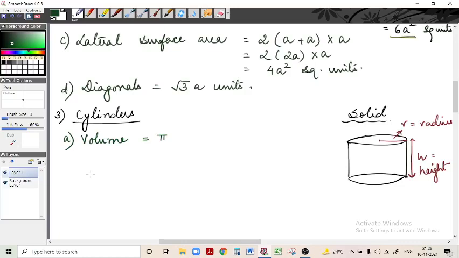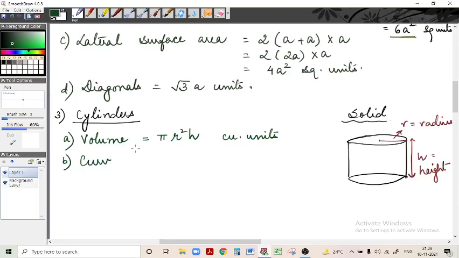Now, pi is a rational number or irrational number? We will discuss it later when we do rational and irrational numbers. Right now, pi value is 22 by 7 or 3.14. Now this is pi r square h, cubic units. Next is our curved surface area.